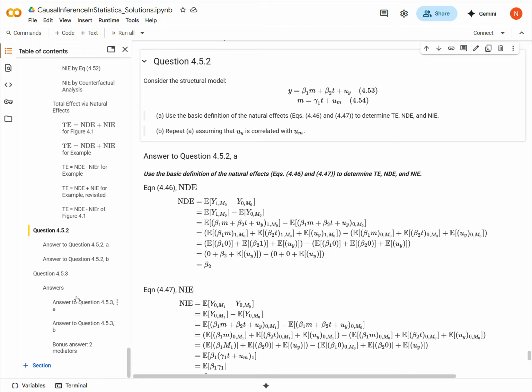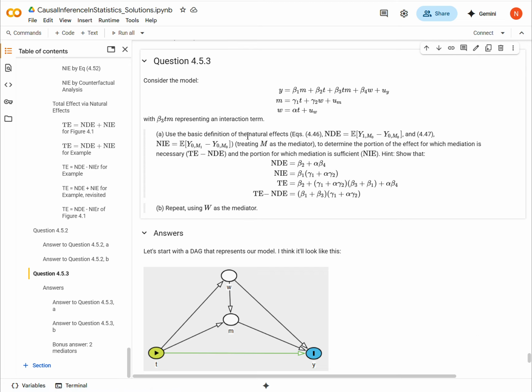And we are going to try to find expressions for the NDE, the NIE, etc. And at the conclusion, we should come up with, for part A, these expressions for the respective terms on the left-hand side.